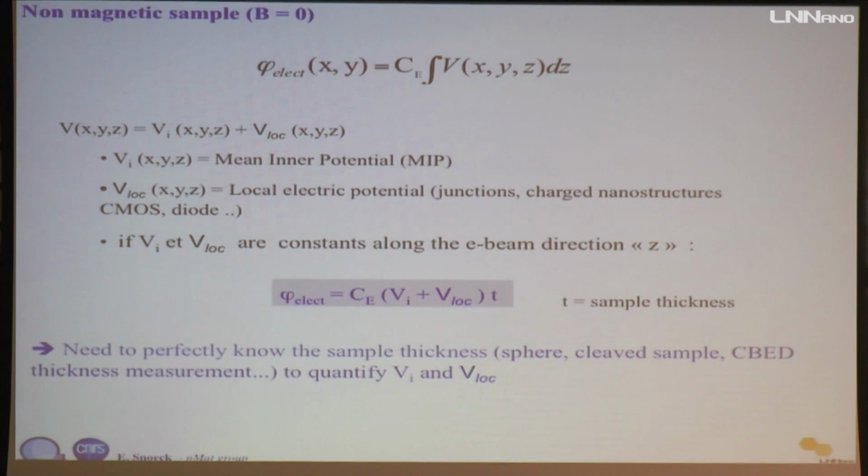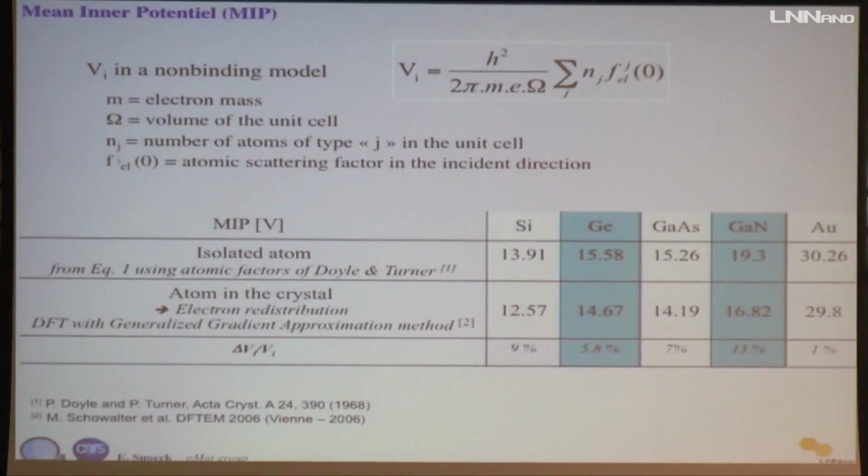So either you use an alternative method to measure accurately the thickness of the material you are interested in, like using SIMS, or working with materials of a given well-known shape, either a sphere or a cube, etc., or a cleaved sample whose thickness you can determine exactly. And then you can quantify the mean inner potential and the local potential.